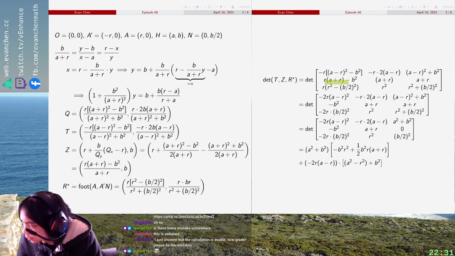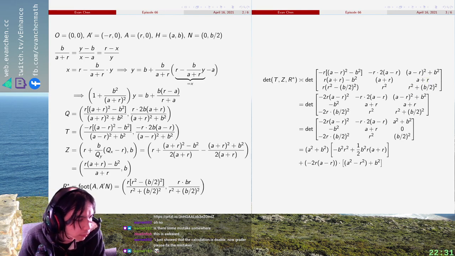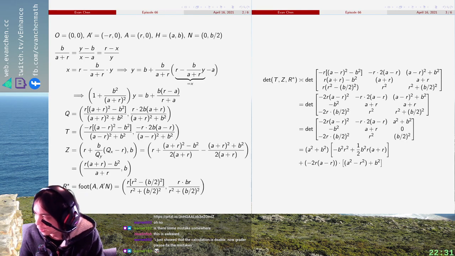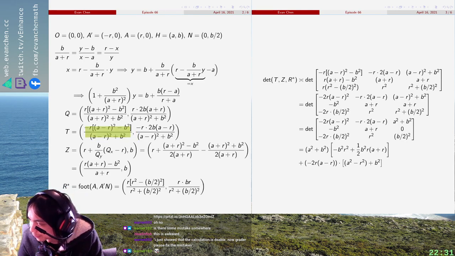Okay, so there was a factor of b here that I deleted, so that's that. I just showed this calculation is doable. Now grader, please fix the mistakes. You wish.